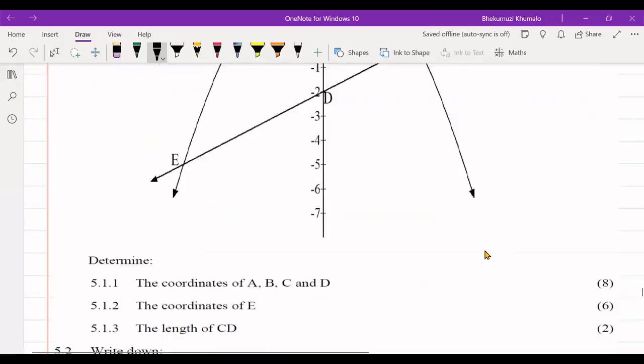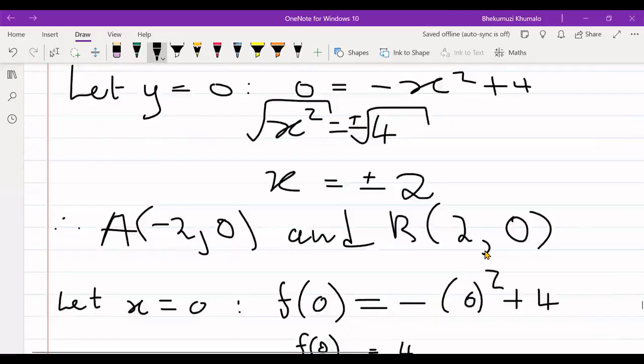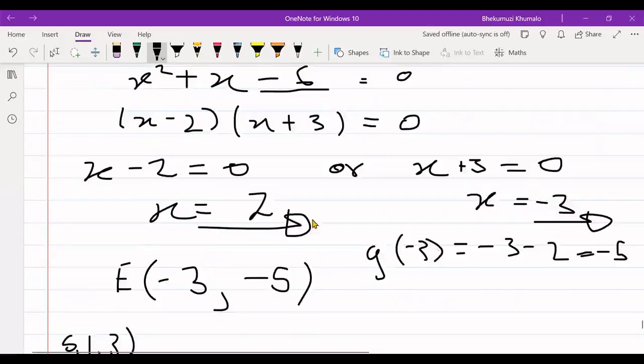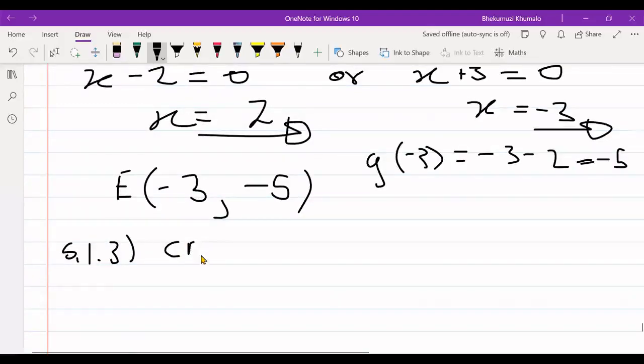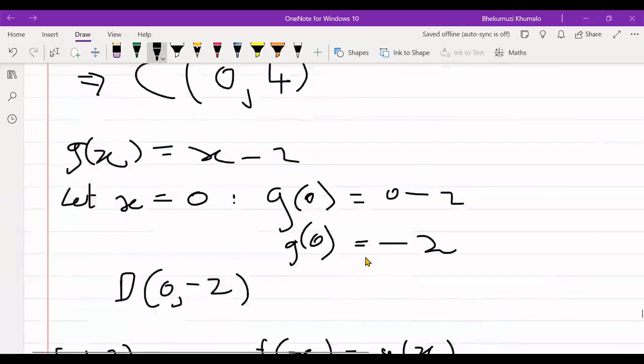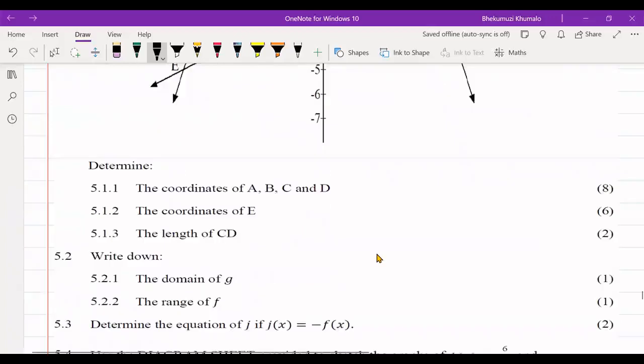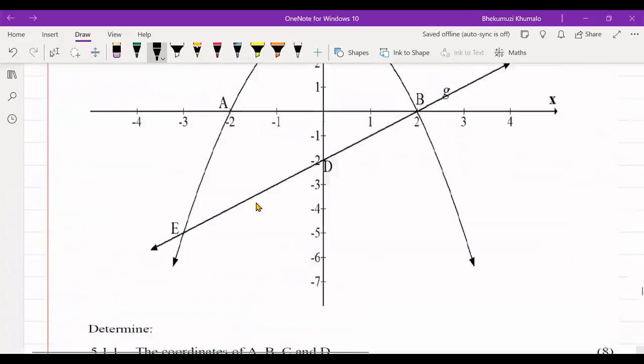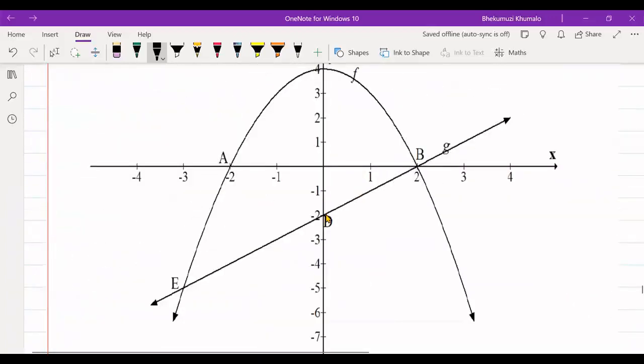This sounds quite straightforward. For this one, the length of CD, if you think about it, even with the mark allocation, it's just 2 marks. We can just probably count it on the graph. So this is 1, 2, 3, 4, 5, 6.